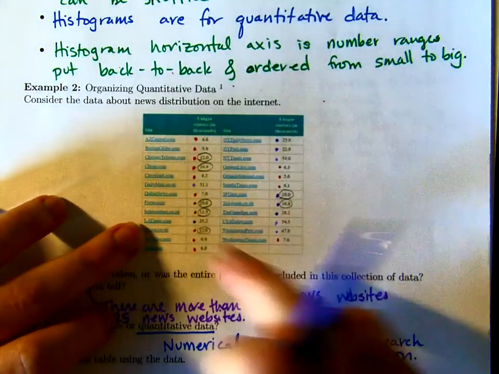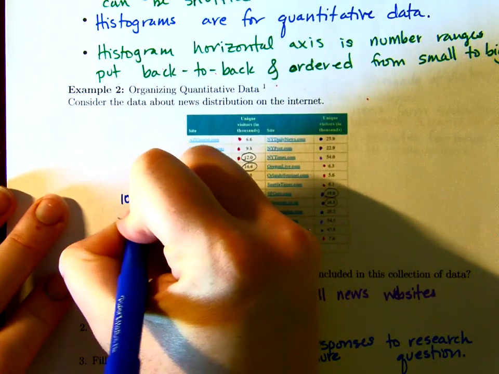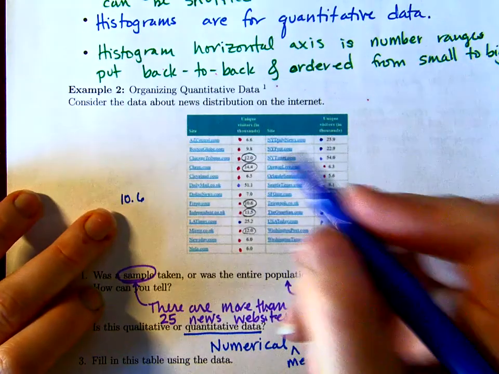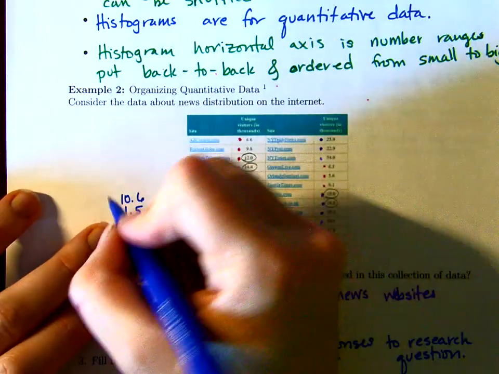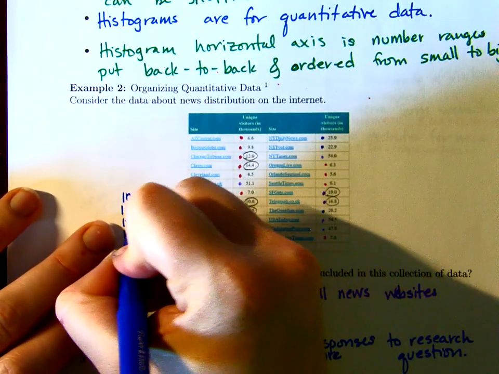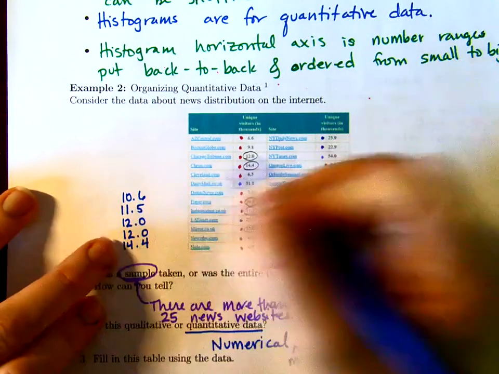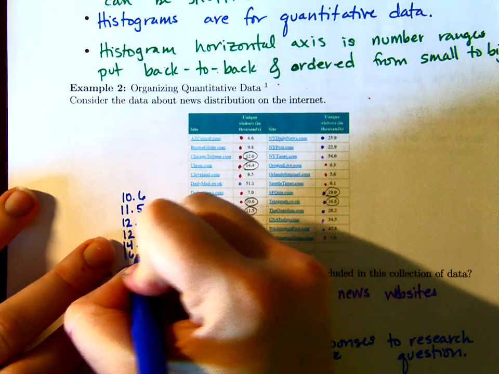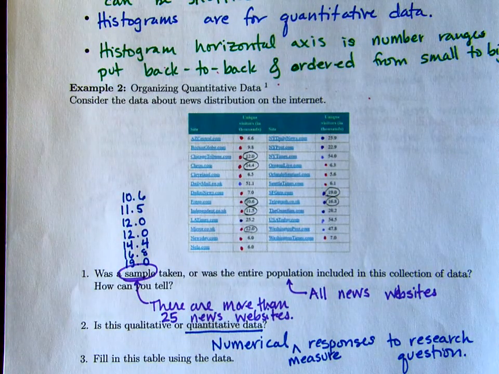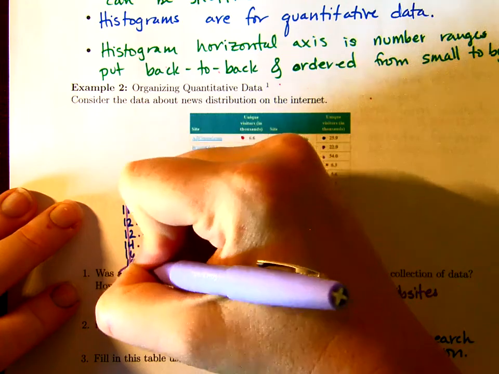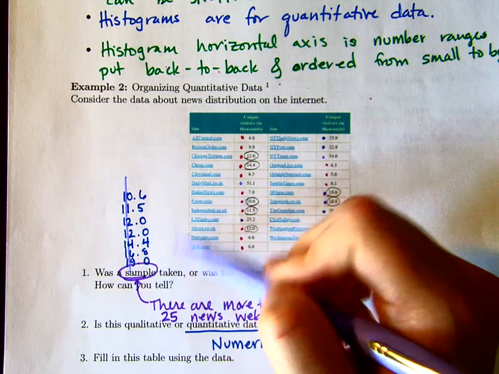And I want you to also notice that I'm literally picking these apart. So if I take 10.6, and I take 11.5, and let's put these in order, 12.0, 12.0, what would be the next one? 14.4, and then 16.8, and then 19.0. What you're seeing is over here is the stem, and over here are the leaves.